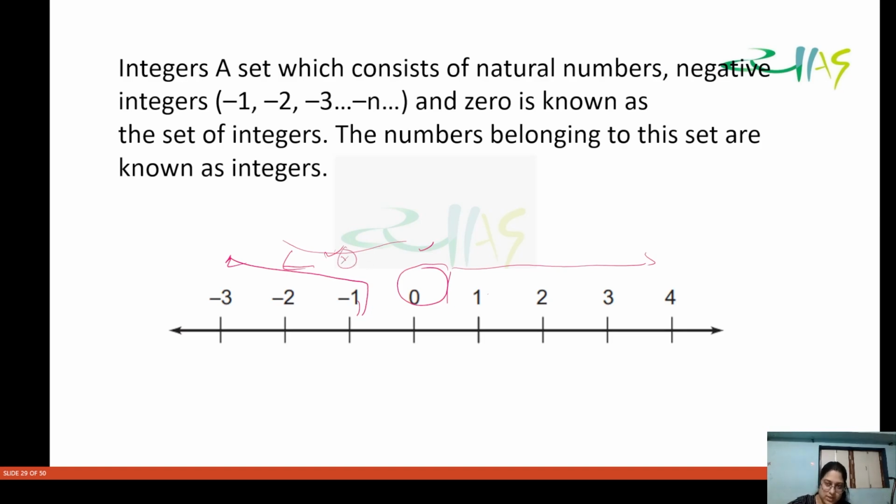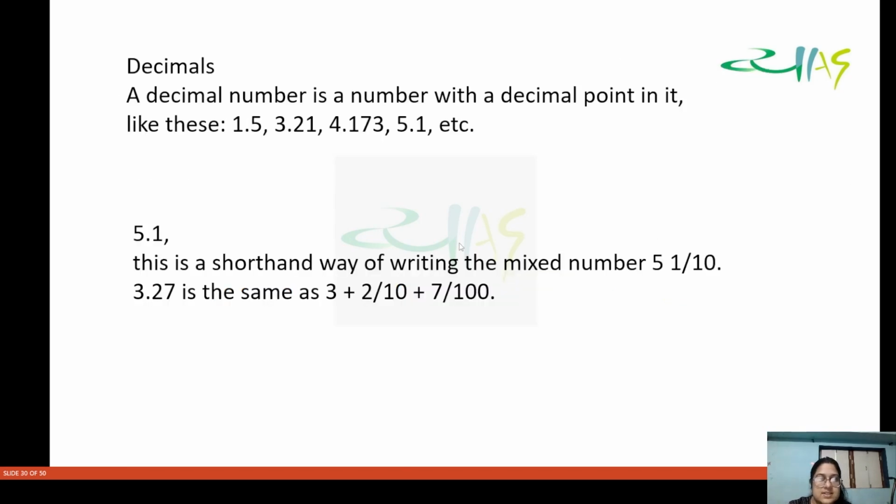So this is what integer is. Everybody knows what integer is.